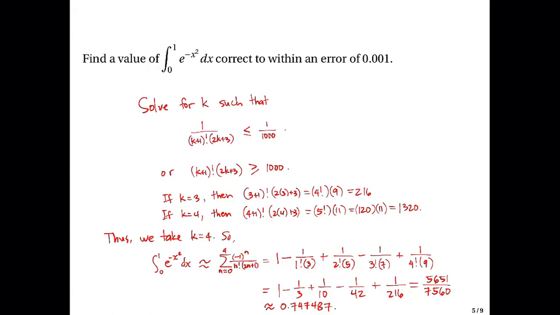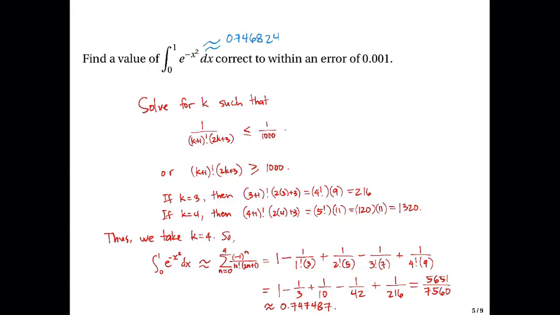So according to our computation, the integral from 0 to 1 of e to the minus x squared dx is approximately equal to this. Now, let me just verify the exact value of this.